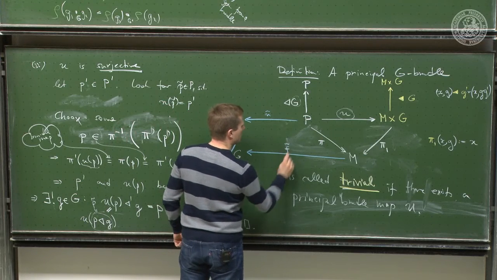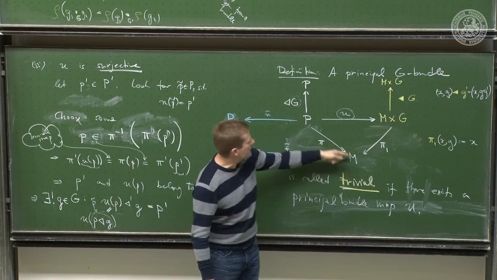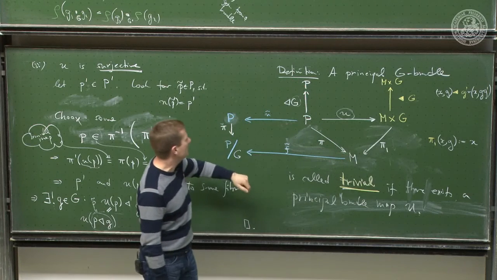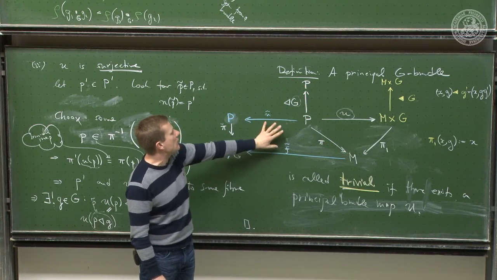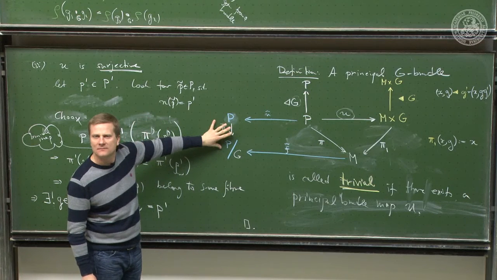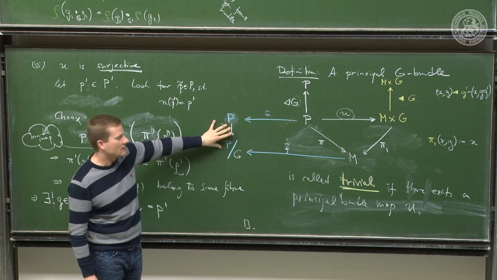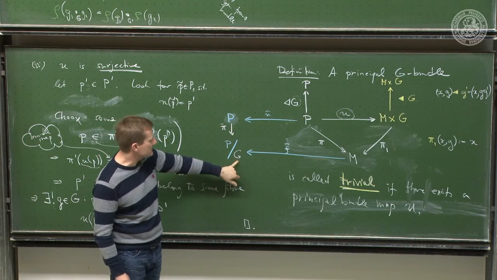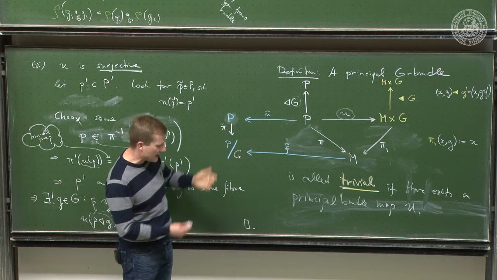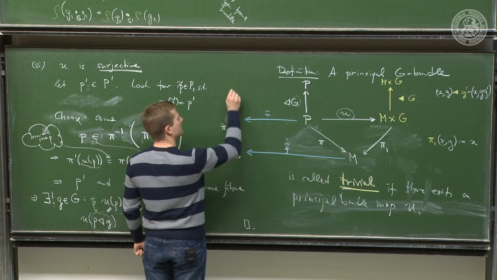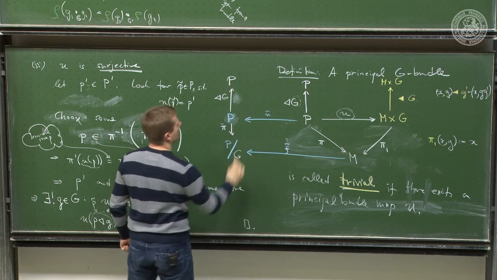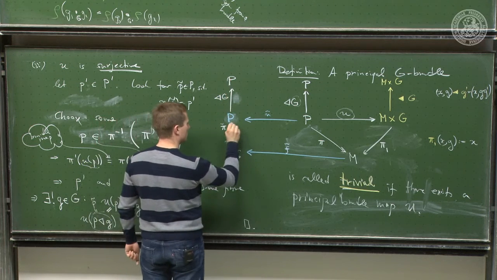We said this white guy being a principal fiber bundle was actually defined as there being a bundle map to this bundle. Remember that? Now, because this G acts by a free action on this, here sits the free action that we already have. So it should also be blue. They should all be blue.